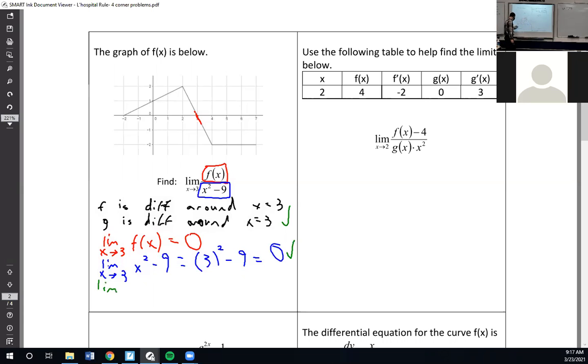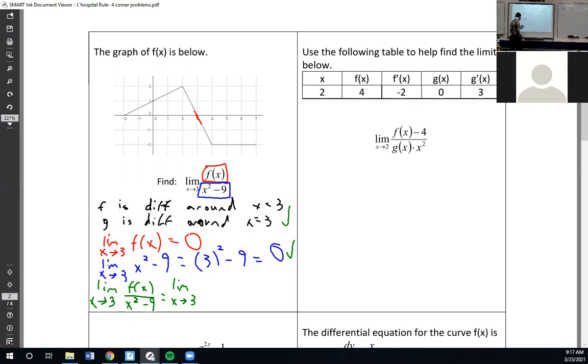So limit as x approaches 3 of f of x over x squared minus 9. And L'Hopital's rule says that this is the same as the limit of derivative of top over derivative of bottom. Remember, this is different from the quotient rule. It's not low d high minus high d low over what's below. It is just take derivative of the top, take derivative of the bottom.